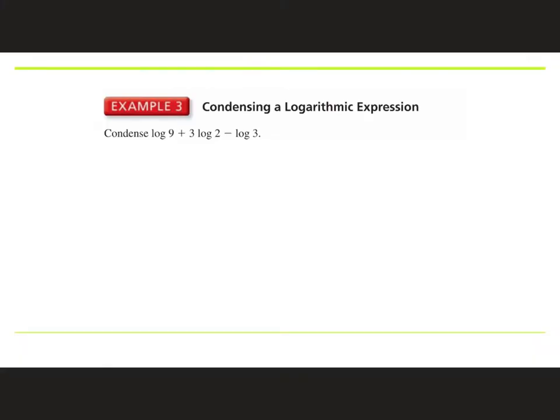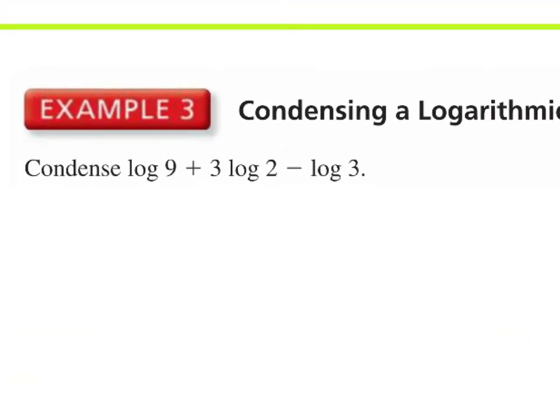All right, in the next example, we are condensing it. So we're bringing it to just have one log. So we have log of 9 plus 3 log of 2 minus log of 3. So what do you think we should do first? Combine the logs. How?